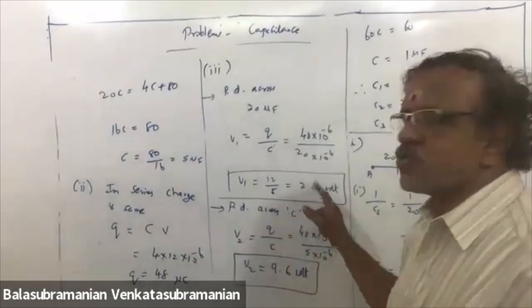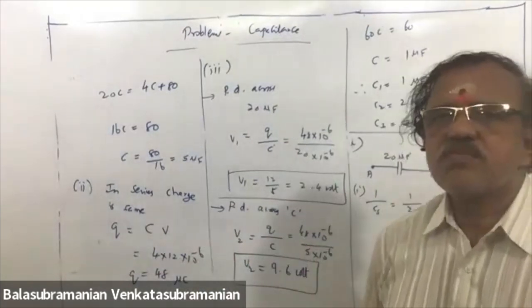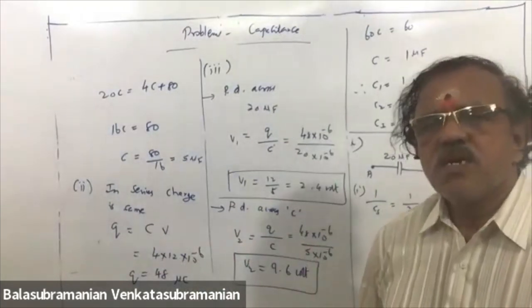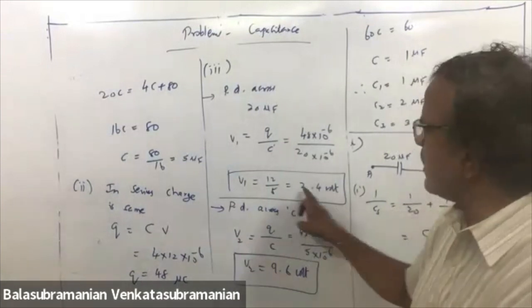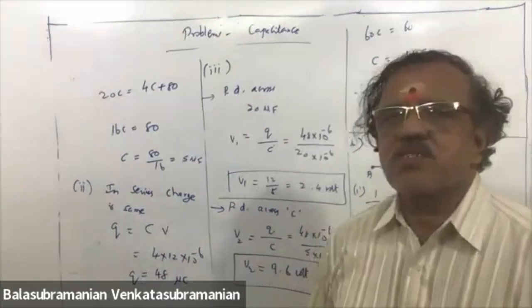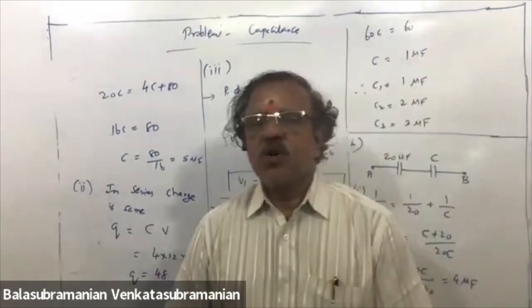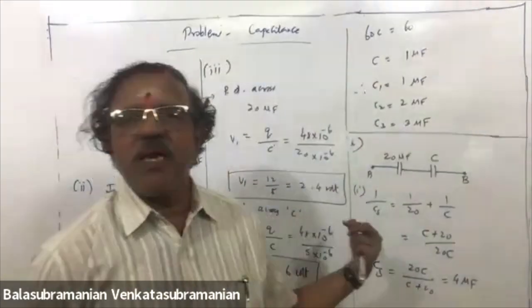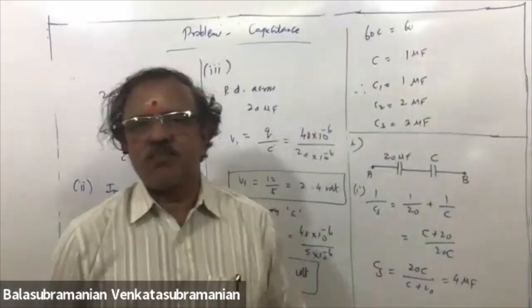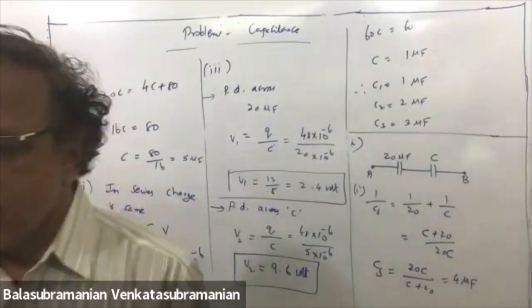You have calculated as 2.4. 12 minus 2.4 will give you V2. You can otherwise cross check the answer. Add these two. So 2.4 plus 9.6, 12 volts. So potential will be added up here to get the total. Correct? So this is the fourth problem.